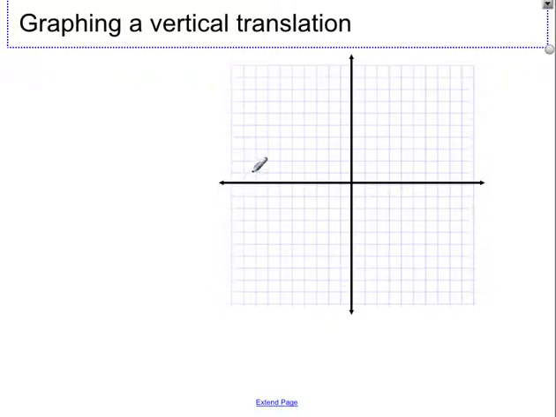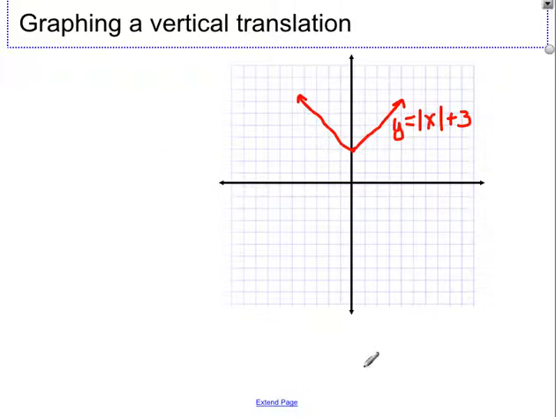Okay, so that is what's called a vertical translation. So let's kind of describe what happens with vertical translations. So if I started off with a graph that looks like this right here, okay, this has a vertical translation of 3. So I'd say that this is y equals the absolute value of x plus 3. Okay, if I started here, it'd be plus 2, plus 1, minus 1, and so on.